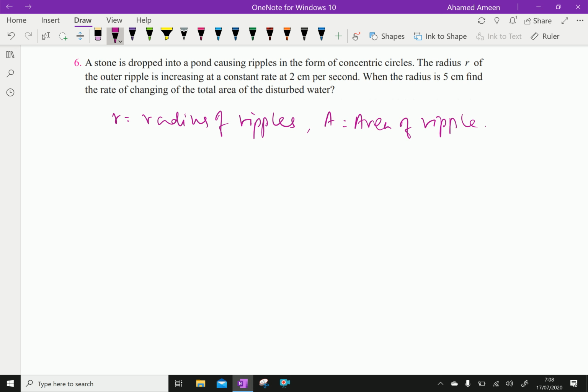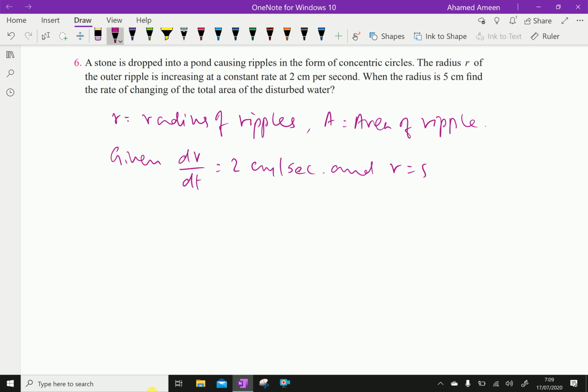Now given, the change of radius with respect to time t, dr by dt, equals 2 centimeter per second. And r equals 5.